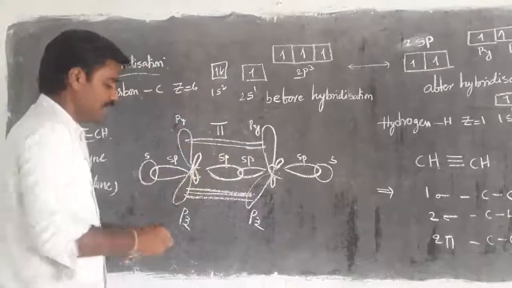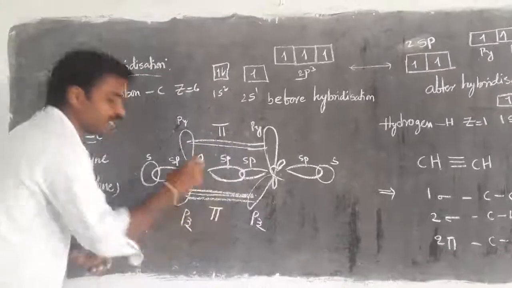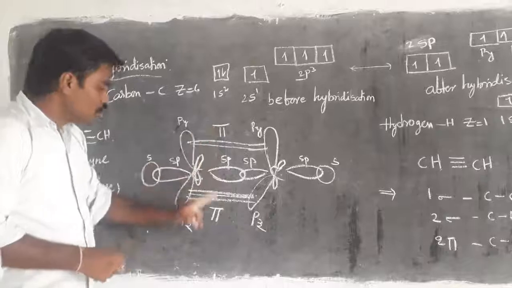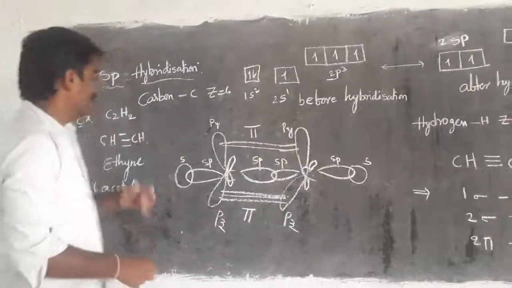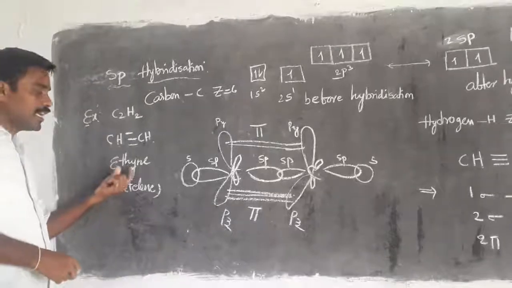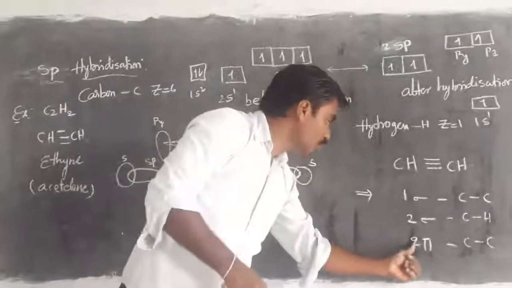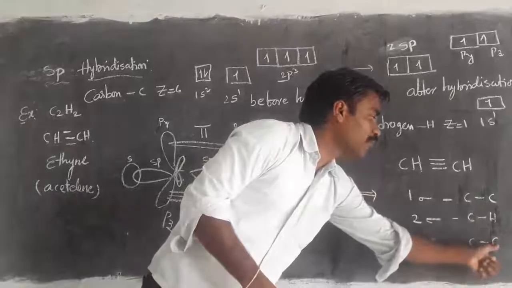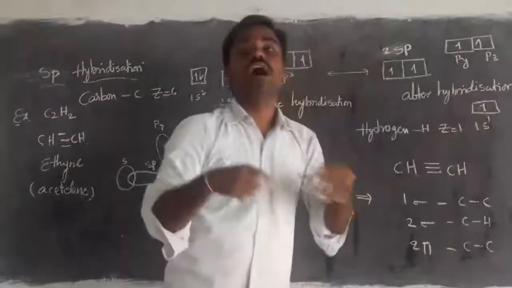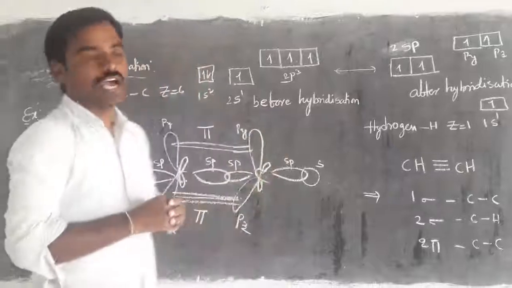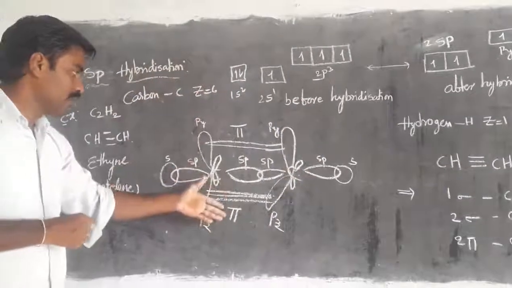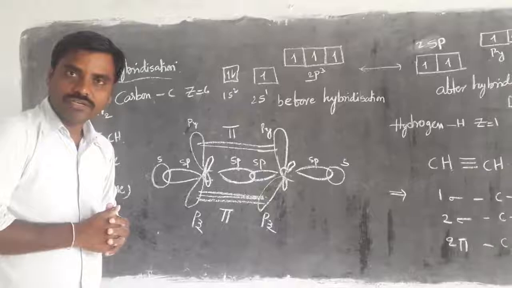Again here, pz also forms a pi bond. So two pi bonds are formed in the acetylene, or ethyne, molecule. I have written two pi bonds between carbon and carbon, formed from the unhybridized orbitals that did not participate in the hybridization. Have you got clarity, children? Right?